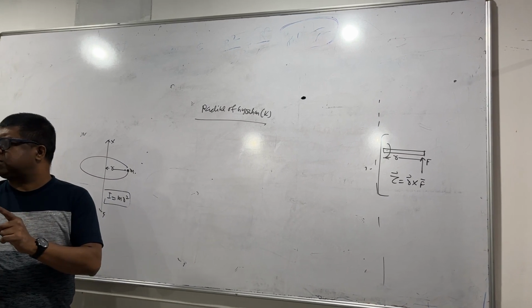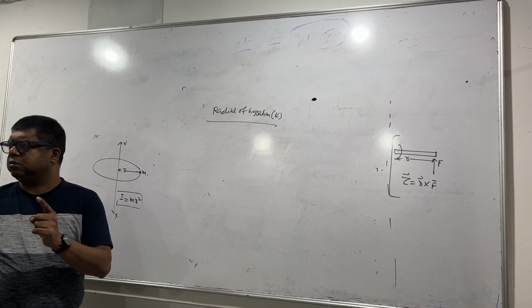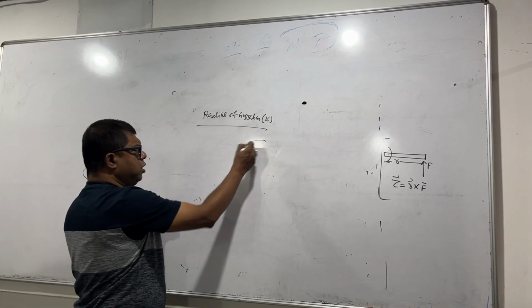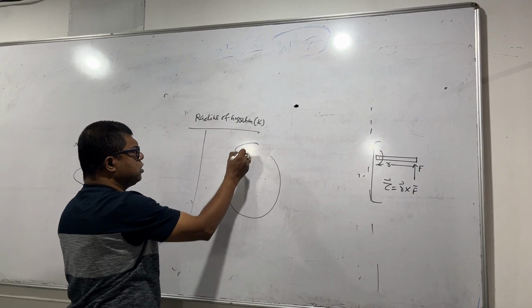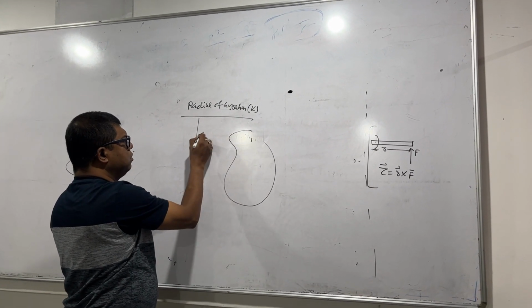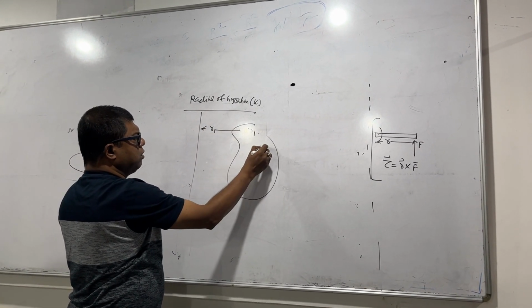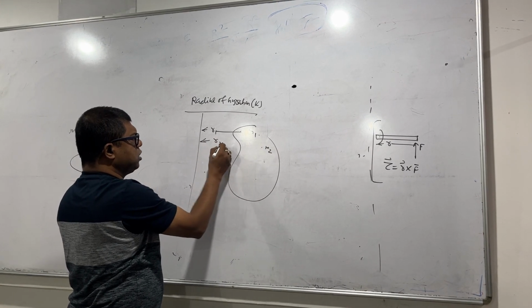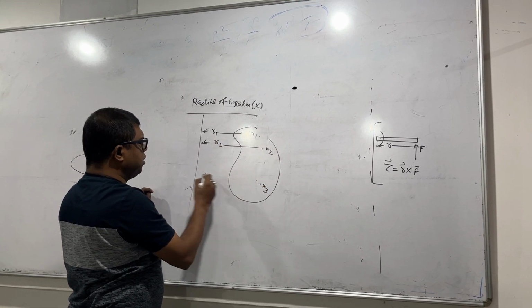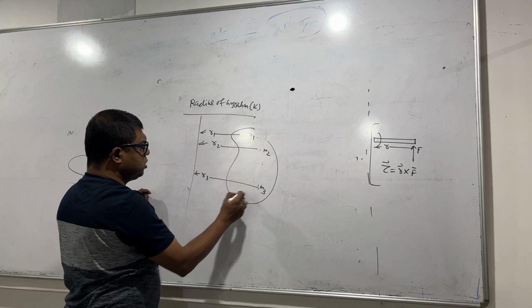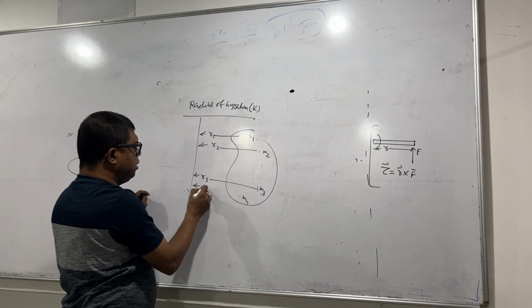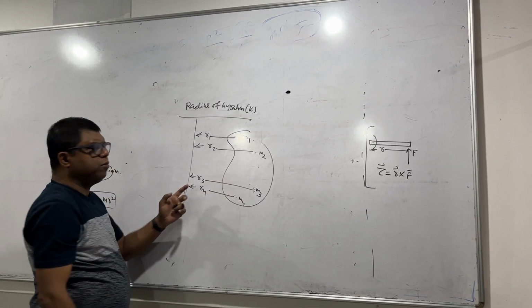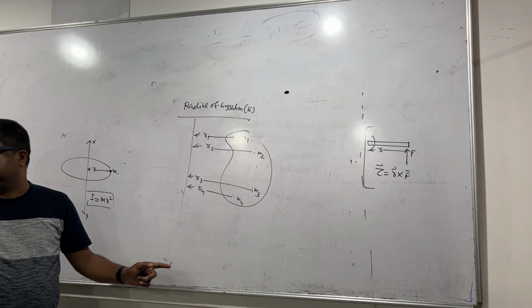So the radius of gyration of a body. Suppose this is a rigid body which consists of a large number of particles: m1 at a distance r1, this is m2 at distance r2, this is m3 at distance r3, and this is m4 at distance r4.